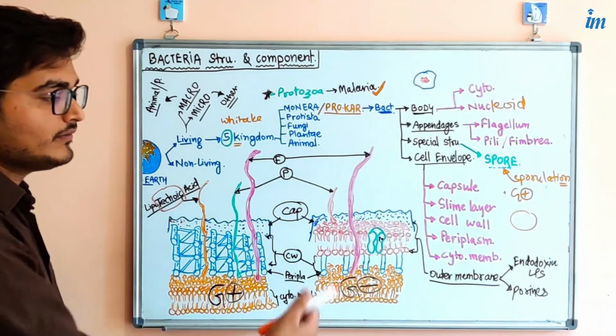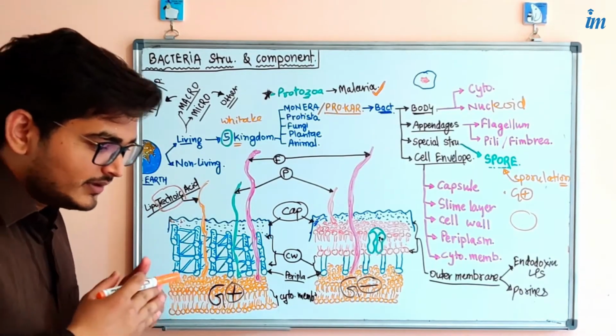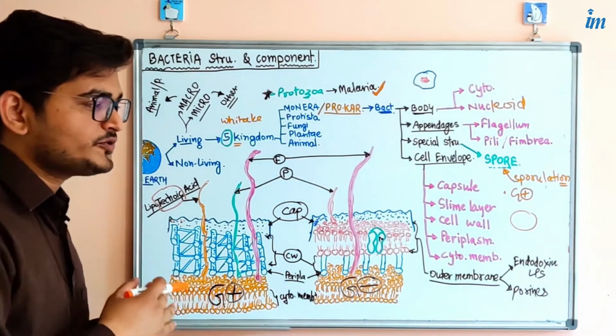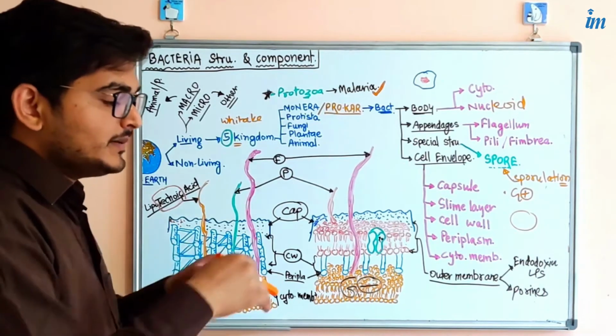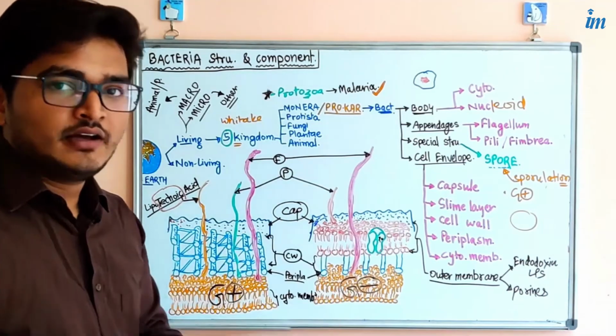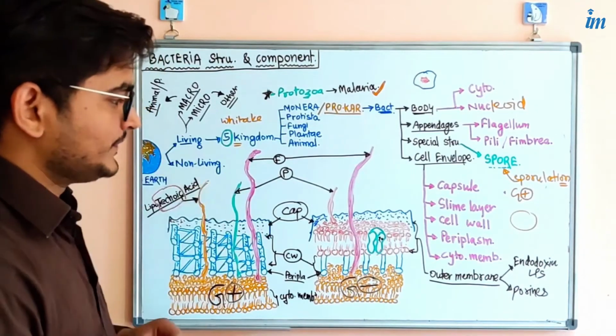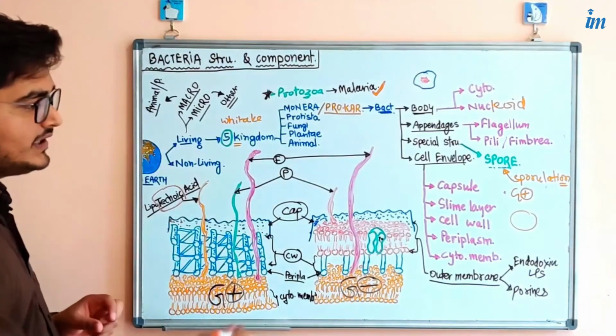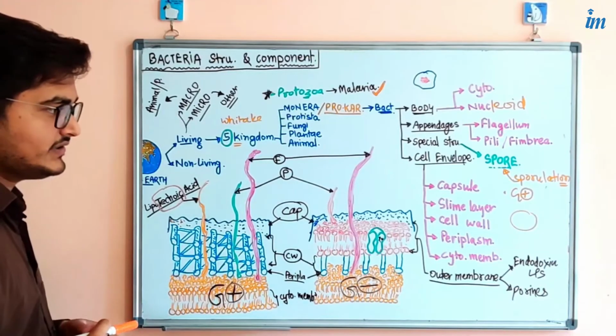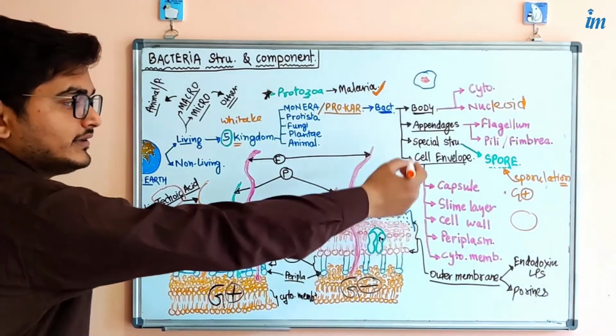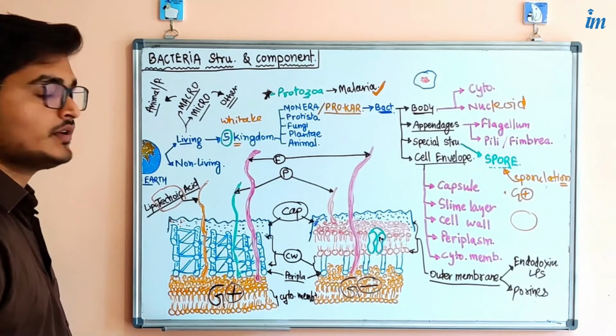Cytoplasmic membrane, why? Because almost 70% is composed of the cytoplasm, and membrane because it forms the very thin layer of the cytoplasmic boundary. What happens is that when we study any bacterial structure, all these things get mixed up.